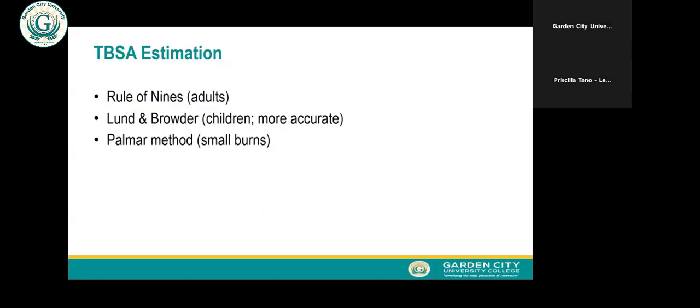Before we come to the estimation of TBSA and all that, when we see patients in beds, or maybe even we are within a smaller hospital, health center, CHPS compound, smaller facility, what do you think will be the criteria to transfer a patient to a burn center?